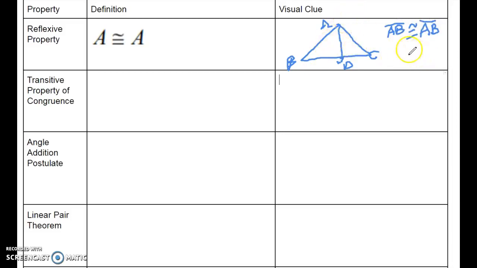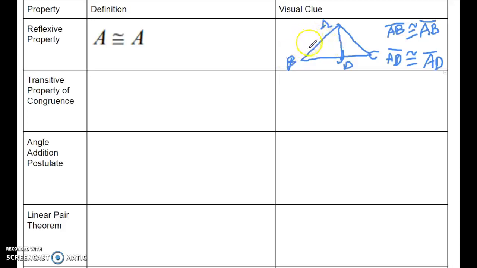Similarly, AD is congruent to AD. And where you use something like this, you're showing that this line here is congruent to itself. Let's say you're trying to prove that triangle ABD is congruent to ADC. So you need to show that that side is congruent to itself.